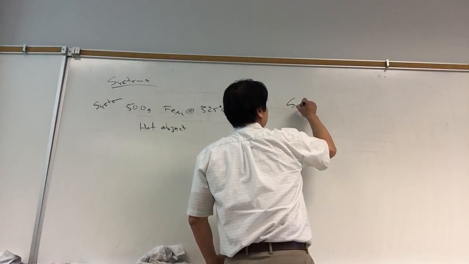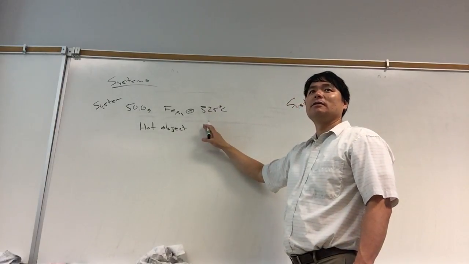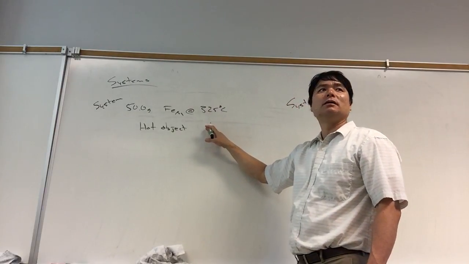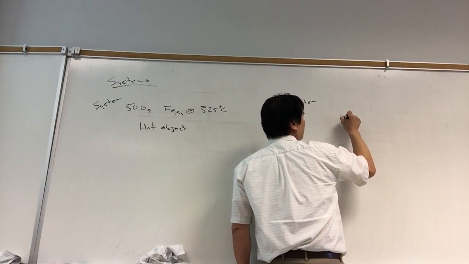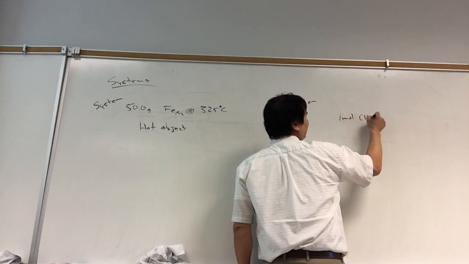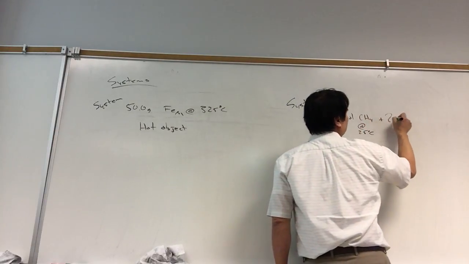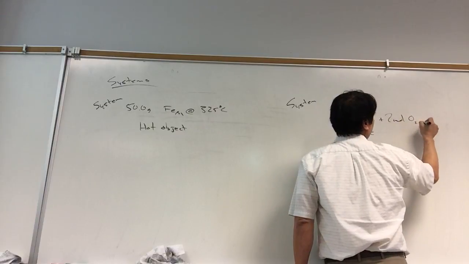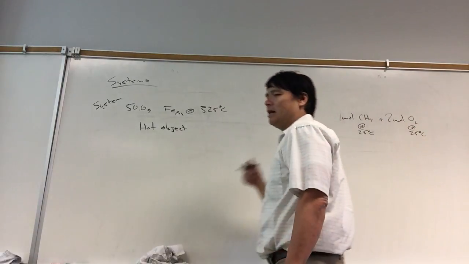Okay, what about this system? This will make the room hot, right? For sure, this is going to make the room hot. But would this make the room hot? Let's say I have 1 mole of methane at 25 degrees C plus 2 moles of oxygen at 25 degrees C. Would that make the room hot?